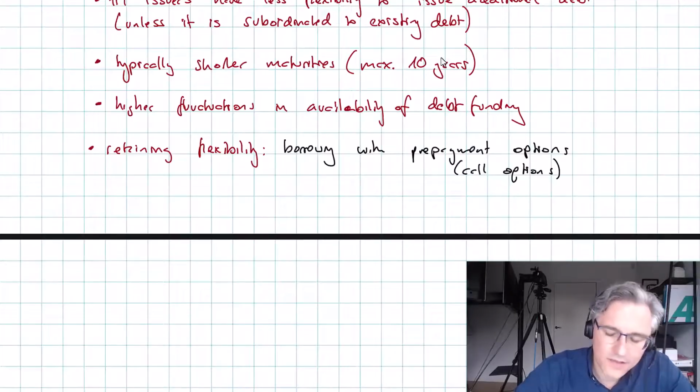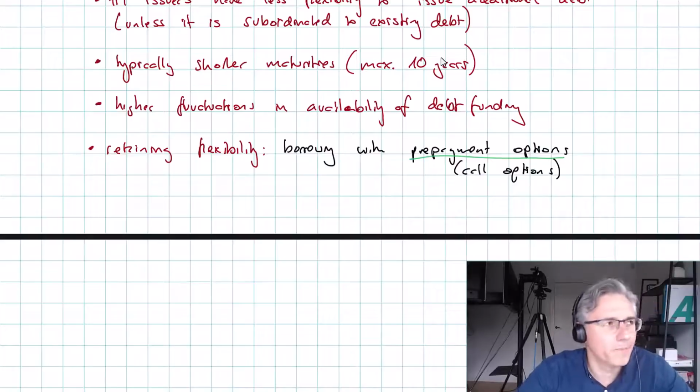That prepayment option will be especially valuable if you are a high yield issuer, but you expect that your situation may improve. So you need to borrow the money now, but you reserve the opportunity to pay the bond ahead of schedule.